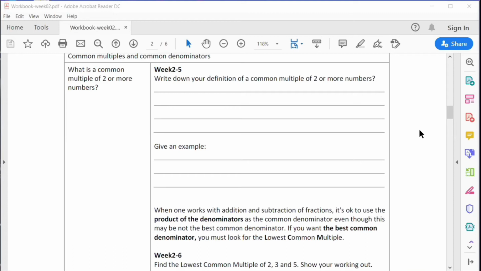So that's one way. Well, anyone else who wants to say what you wrote down as a definition? Now, all right. I'm going to give you my definition.